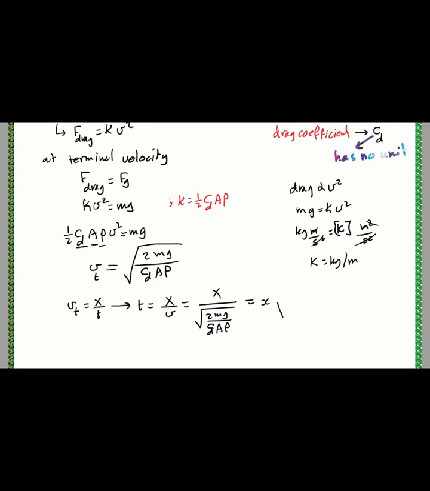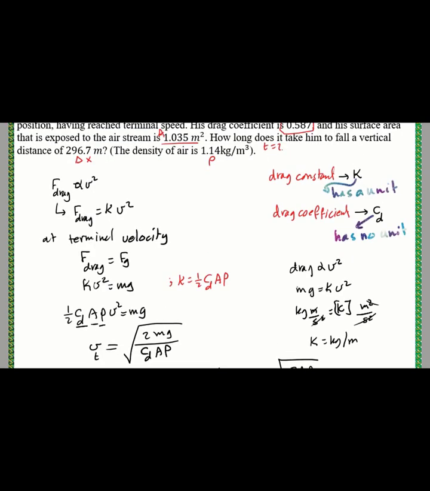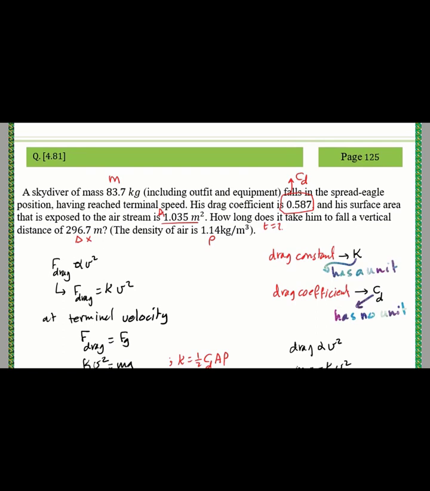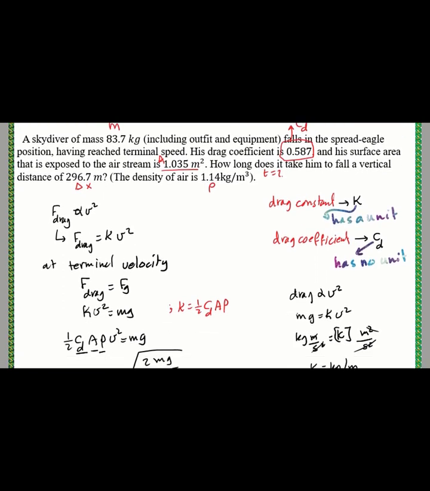So x times square root of CD A rho over 2mg. It is down, we get it up, so invert it. Now substitute your numbers, that's it. If they want to bring a question on the drag force, they will bring the same as this exactly. Maybe the numbers are different.